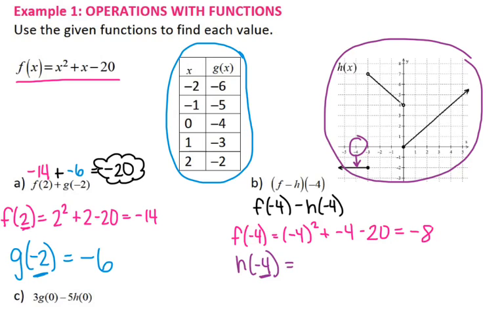So that means h of negative 4 is negative 2. Now your original problem says to take f of negative 4, which is negative 8, minus h of negative 4, which is negative 2. So that gives me negative 8 minus negative 2, which is negative 8 plus 2, which is negative 6.